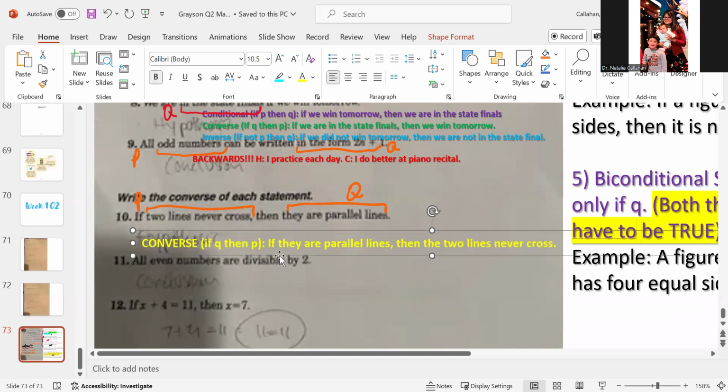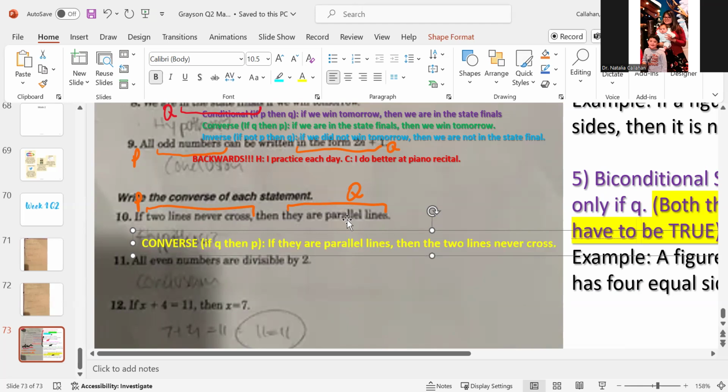So if I were to practice with this, what would your inverse be? If they are not parallel, then they cross. No. What's inverse? Inverse is if not P, then not Q. How do you say the inverse?